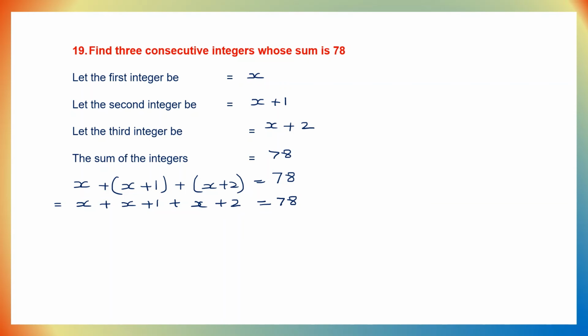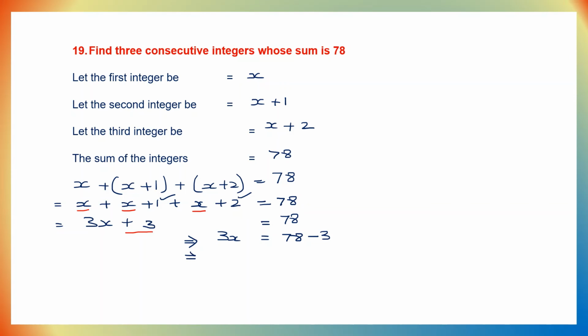Now let's take only the x. Here we have 1, 2 and 3, so that makes it 3x. Now the numbers: 1 plus 2 is 3, so 3x plus 3 equals 78. That means 3x is equal to 78 minus 3, because I have transposed this plus 3 to the right hand side, so it becomes minus 3.